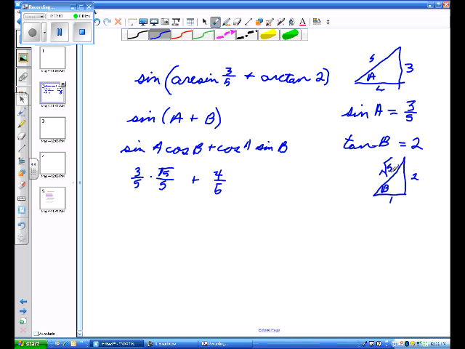And the sine of B is 2 over the square root of 5, or rationalized, 2 square roots of 5 over 5. So as we multiply, we have 3 square roots of 5 over 25 plus 8 square roots of 5 over 25. So we can write all of that over 25, which gives us 11 square roots of 5 over 25.